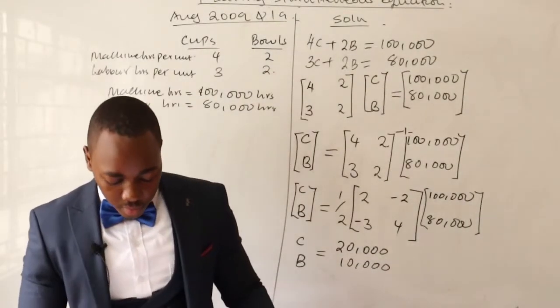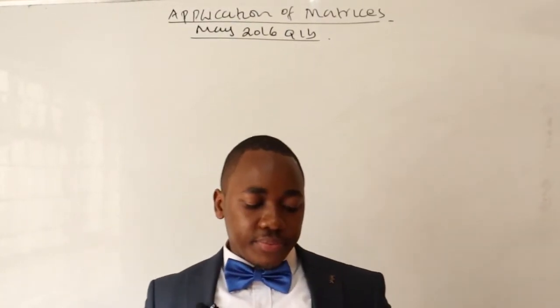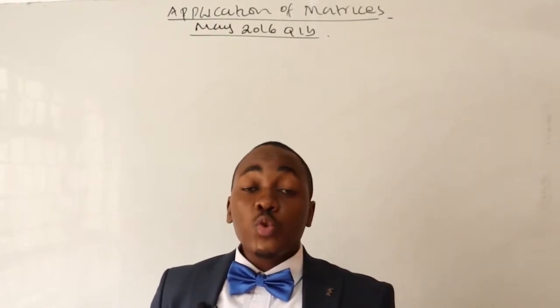So let's do this question: May 2016, question 1b. We are told that a certain audit firm has 2 categories of employees: auditors and assistant auditors. The total monthly salary of 1 auditor and 5 assistant auditors amounts to 456,755, whereas the total monthly salary of 3 auditors and 9 assistant auditors amounts to 985,005 shillings.